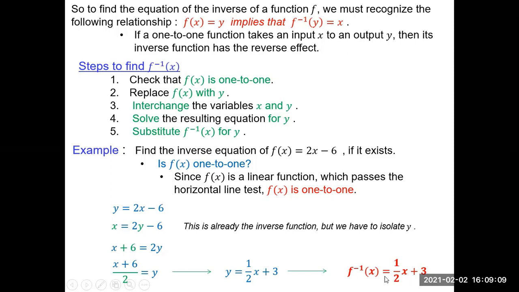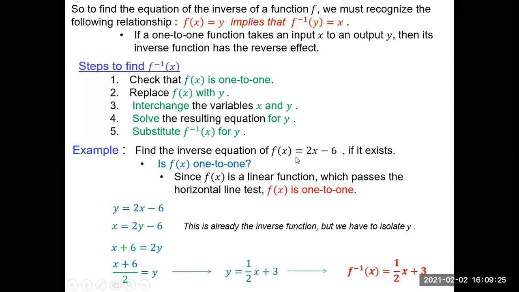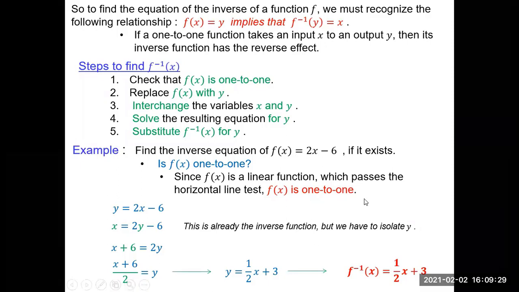That means for the inverse function, an input of 2 should take me back to an output of 4. So let's see why that works. 1/2 times 2 is 1. 1 plus 3 gives me 4, which took me back to the original input. This is what we refer to as an inverse function.